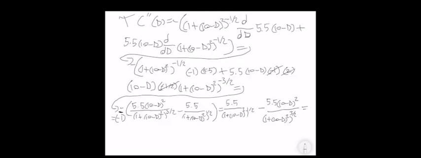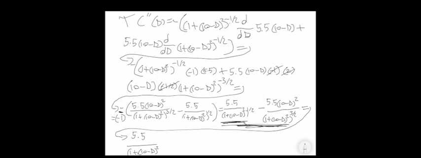And we can simplify this even more. The way to do this is to take the common denominator and simplify, which gives 5 5/10 over (1 plus (10 minus d) to the second) to the 3/2.